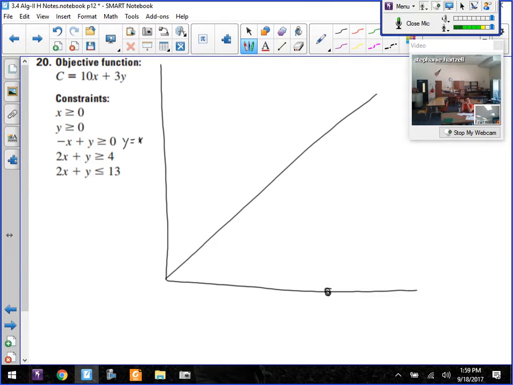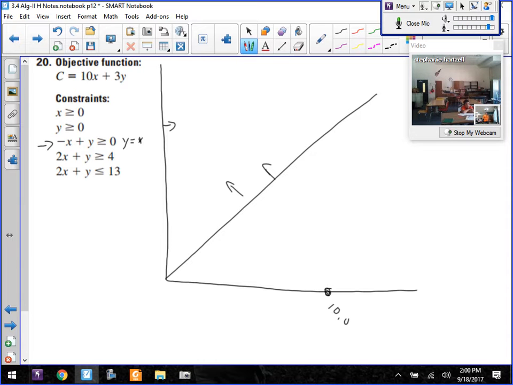If I say that that is at 10 and 0, I can test it back here. Is negative 10 plus 0 bigger than 0? No. So I know it's false below, which means it's true above. Okay? So it's in that region to start. So you can kind of see it better there.